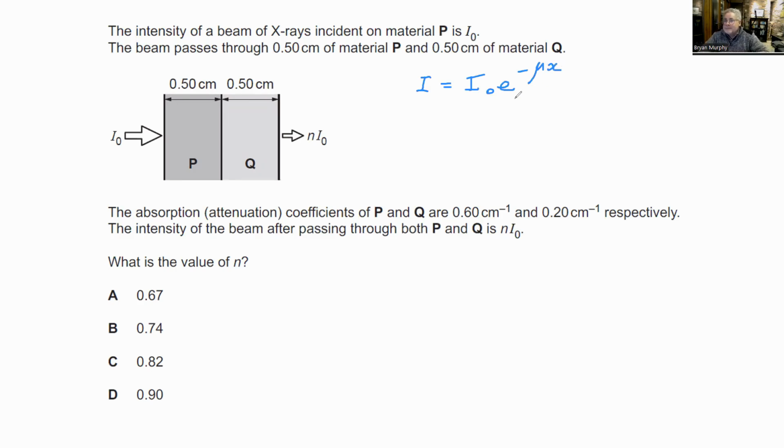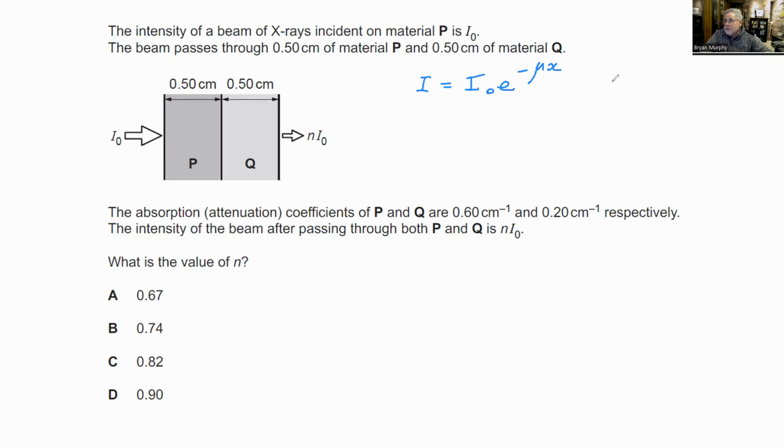So what's N? N is the intensity. So the initial intensity is going to be I naught. When it goes through material P, it has decreased a bit, and that is in effect the initial intensity as it goes into Q.